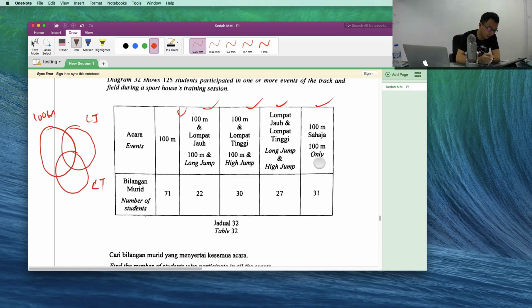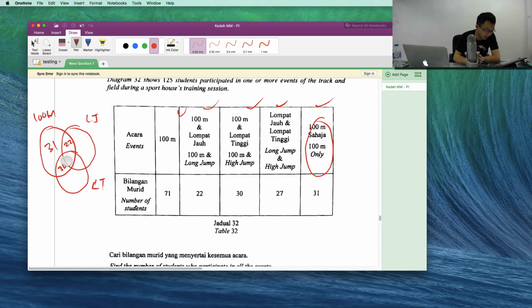So only 100 here, this is 31 here. So lompat jauh and 100 meter will be 22, so 22 is only here. And then lompat tinggi and 100 meter, here will be 30.